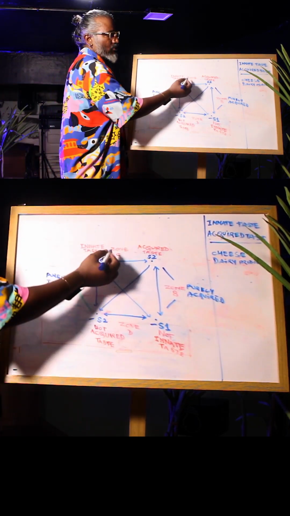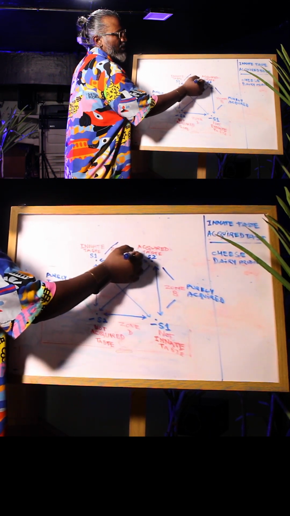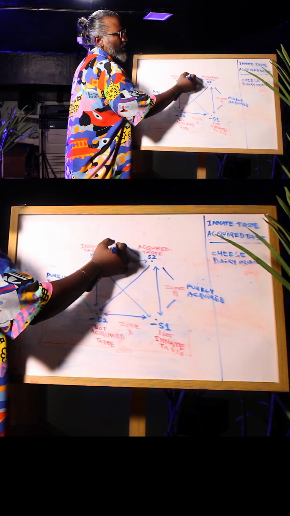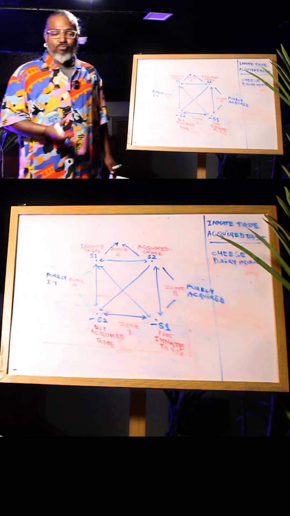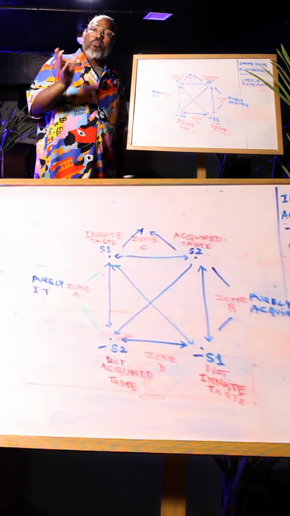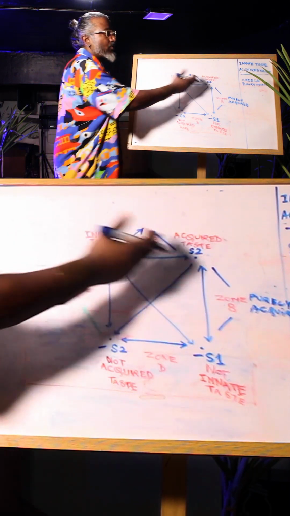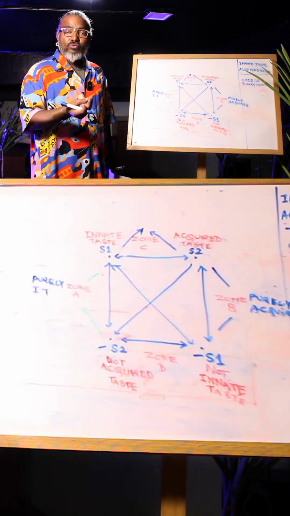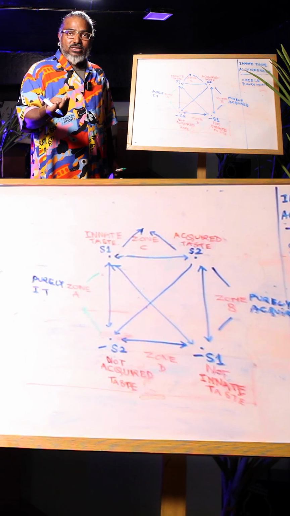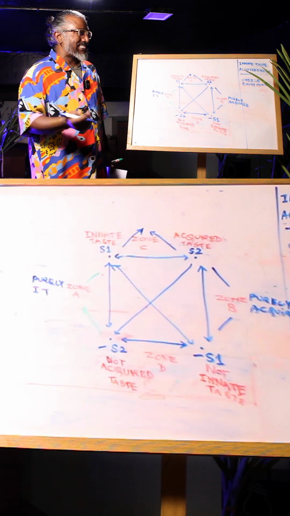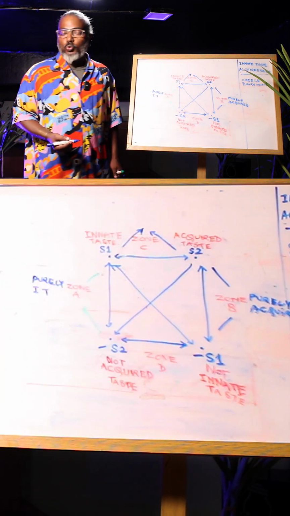Now, this zone, which is your innate plus acquired, the 50% of both, is where you can see both aspects coming together. These contrary aspects are a part of that one thing, so it's a kind of mix of both worlds.